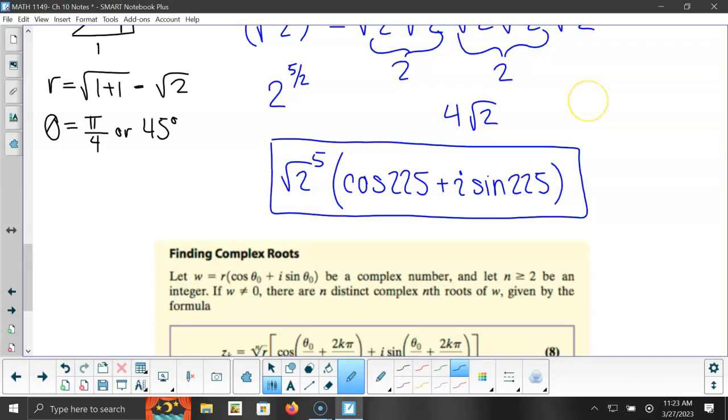So, Caitlin, for the step I skipped, I literally just did 45 times 5, and that's going to equal my theta to the 5th power.